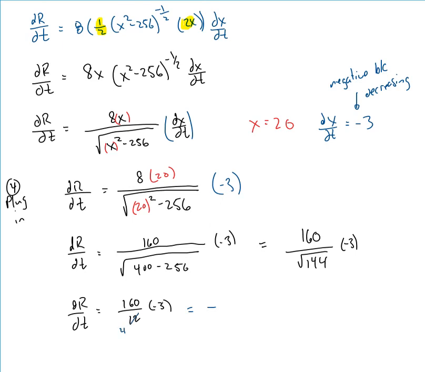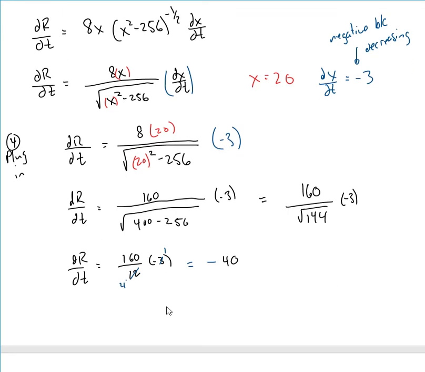So let's change that to a 4, and that would be a 1. And then 160 divided by 4 is just going to be 40. So this all simplifies to be negative 40. Okay, so I put that in a single line. dR/dt is negative 40.